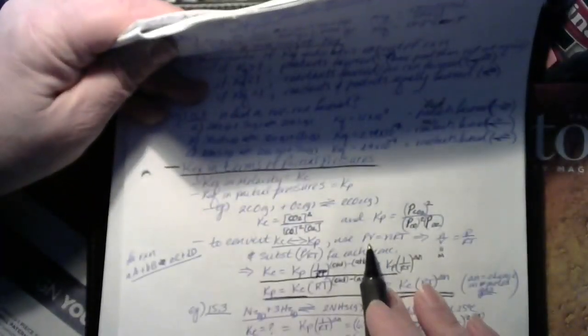And so you can easily convert between the two by using a rearrangement of the ideal gas law. If you remember that PV equals nRT is the ideal gas law, if you rearrange this to give you n over V, you get n over V is equal to P over RT. n being number of moles, and V being volume in liters, n over V is molarity.